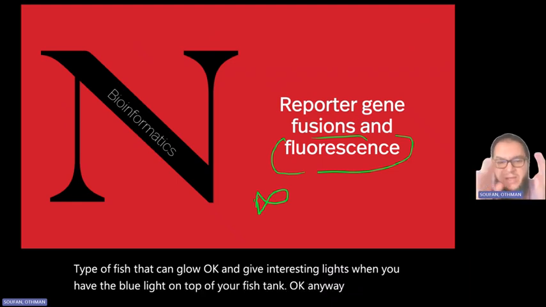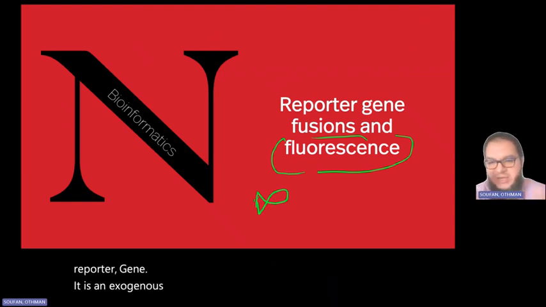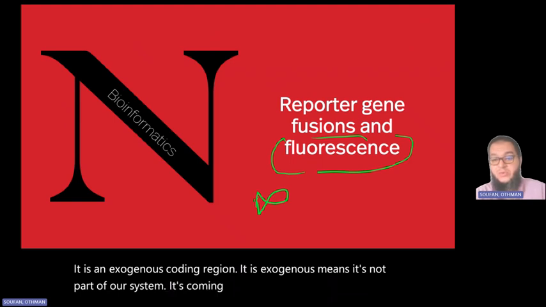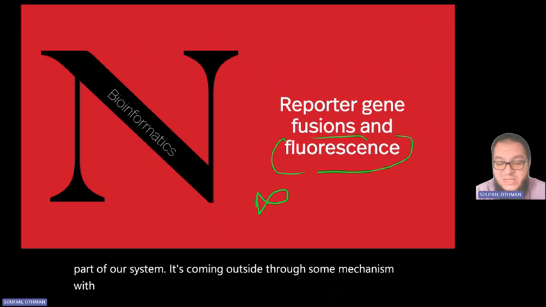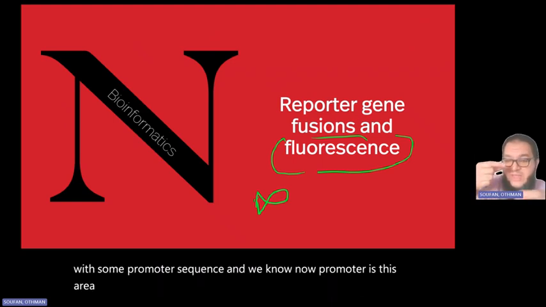Anyway, so a reporter gene is an exogenous coding region. Exogenous means it's not part of our system. It's coming from outside through some mechanism with some promoter sequence. And we know now the promoter is this area that is going to give the initiation of transcription.